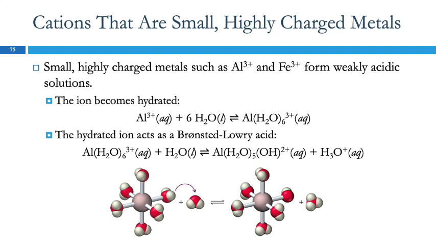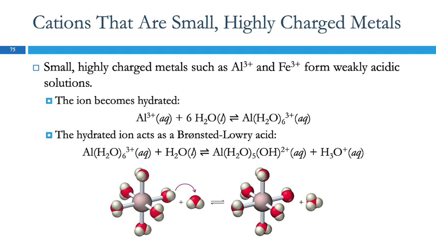The third group of cations are small, highly charged metals, such as aluminum and iron 3. Aluminum has a +3 charge. Anyway, iron 3. Fe has a +3 charge.